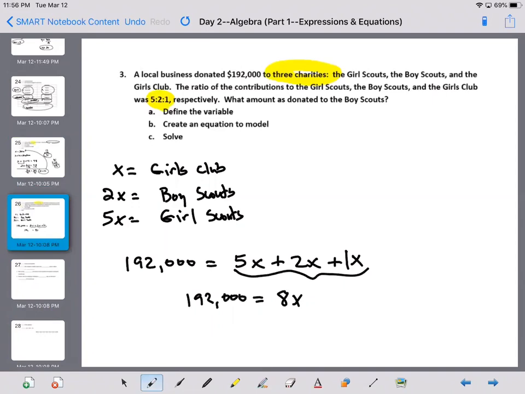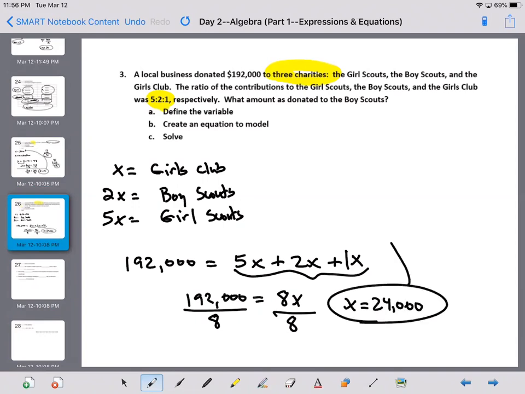And then we just want to divide both sides by 8. So X is equal to 24,000. Now what does that represent? Well, that's going to represent what was given to the Girls Club because that's what we said was X. And so the Girls Club was 24,000. And then the Boy Scouts would be 24,000 times 2, so we would get 48,000.